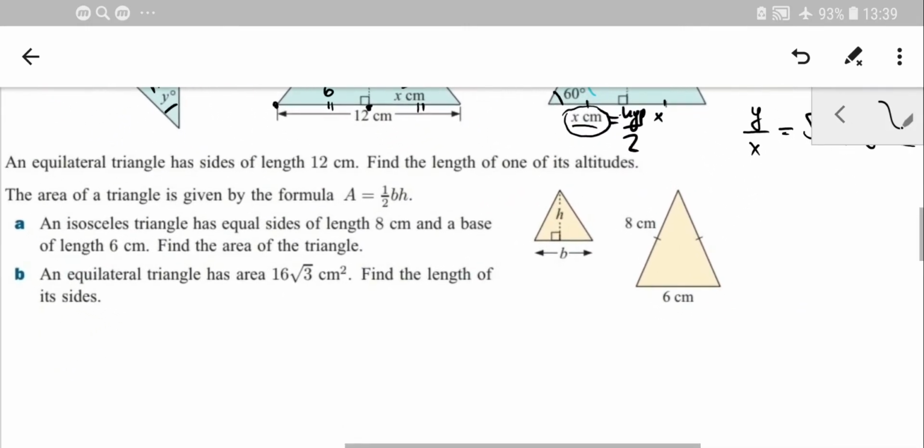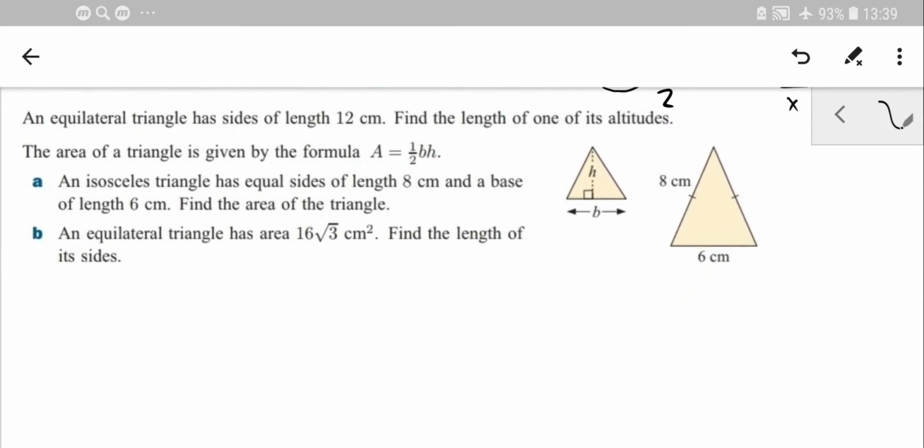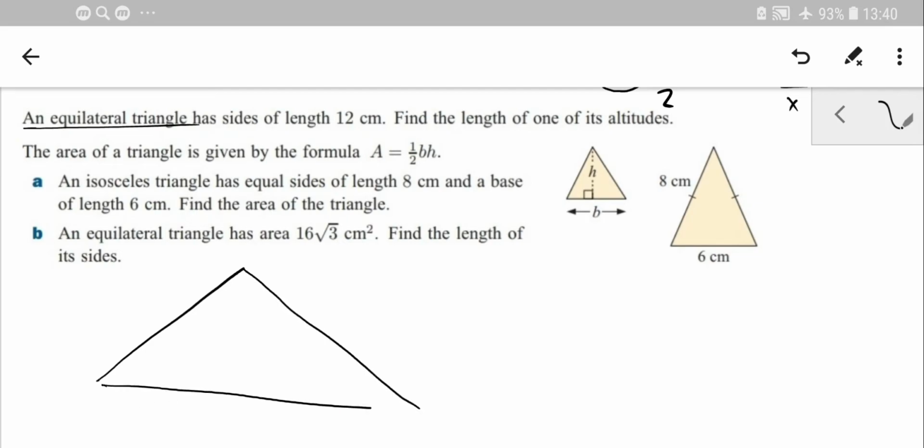Let's move next. An equilateral triangle here has sides of length 12 centimeters. Find the length of one of its altitudes. Okay, so first of all, let's draw an equilateral triangle where all sides are the same.